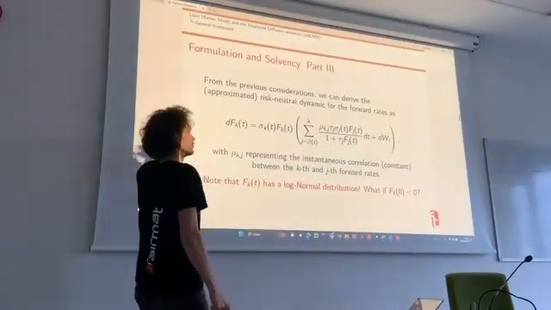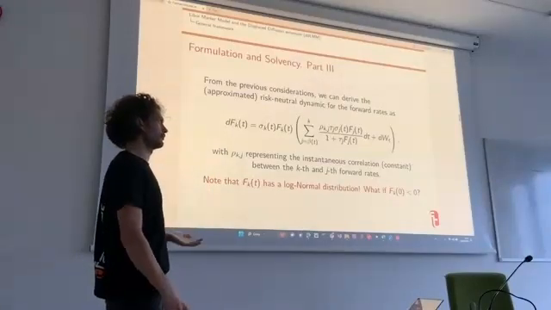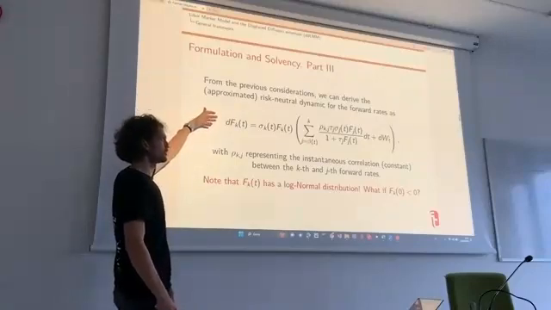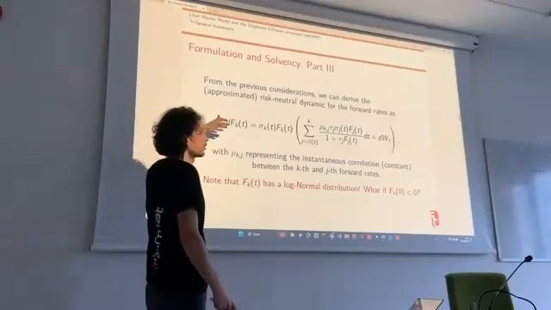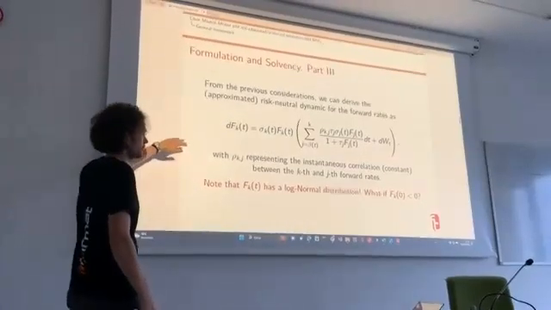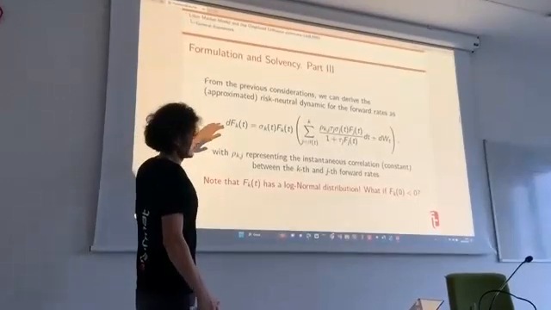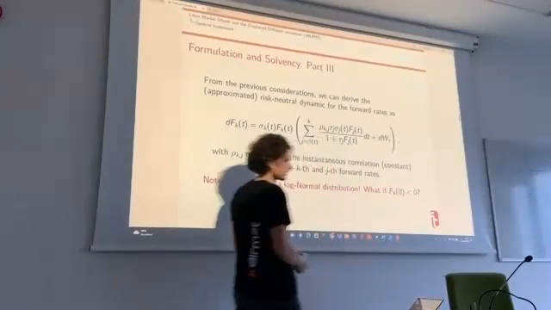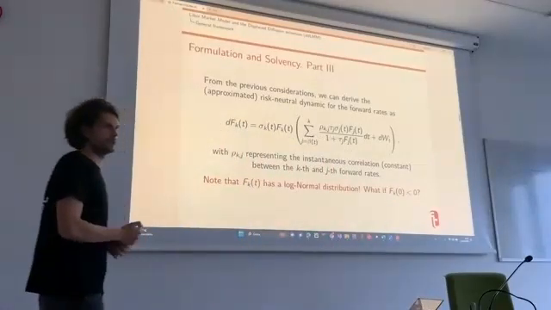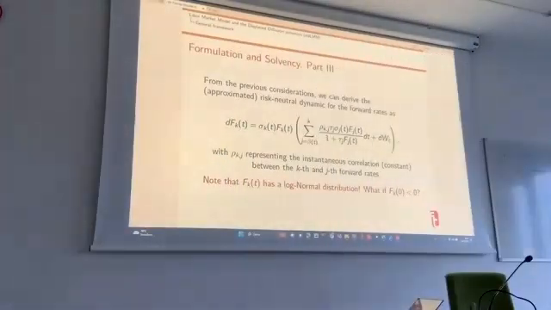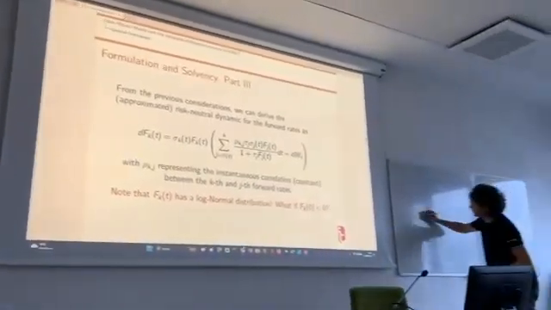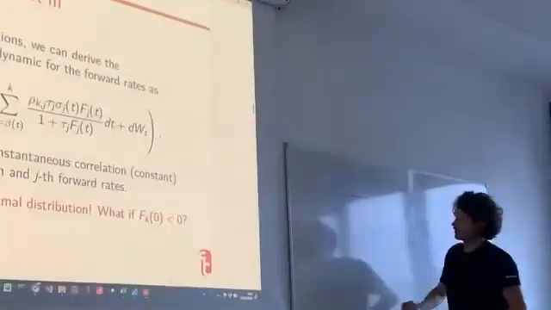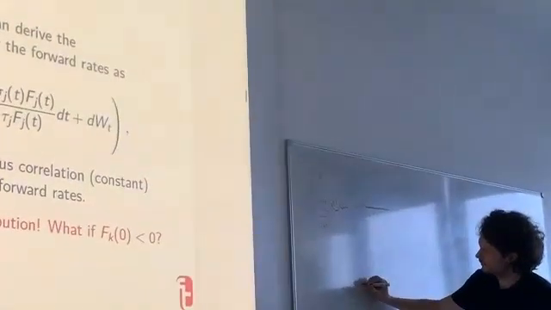Then I would like to introduce you the displaced diffusion extension. As you have seen, this kind of SDE leads to a normal solution for our forward. But as you probably know, if your initial value for the forward is negative, very intuitive, suppose you have this and this value is negative.